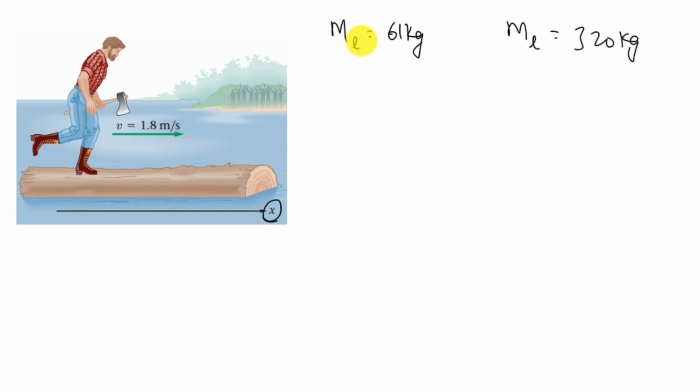Let this be m_lj, because this is the lumberjack, so that we don't have any confusion. Initially the system is at rest, the log and the lumberjack are at rest. Now the lumberjack starts running with a speed of v relative to the log. Now we need to find whether the speed of the log relative to the shore is greater than, less than or equal to v.